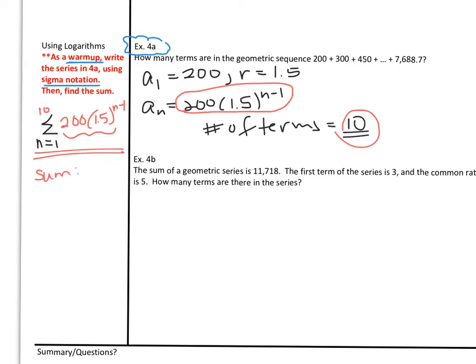The sum is going to take a little bit more work if you remember the formula from yesterday, but a calculator will be super helpful. The sum of these 10 terms is going to default S sub 10, and that will equal the fraction a sub 1, which is 200, times 1 minus r to the n power, 1.5 to the 10th, all divided by 1 minus 1.5.